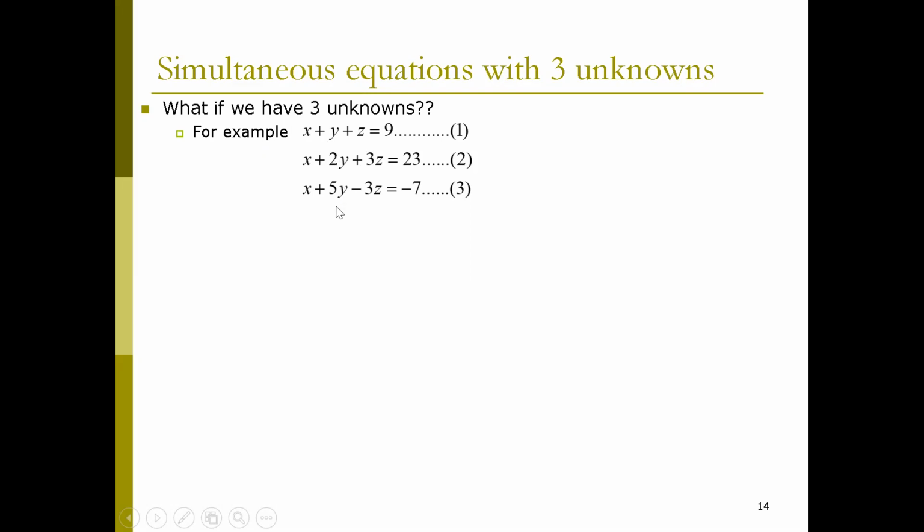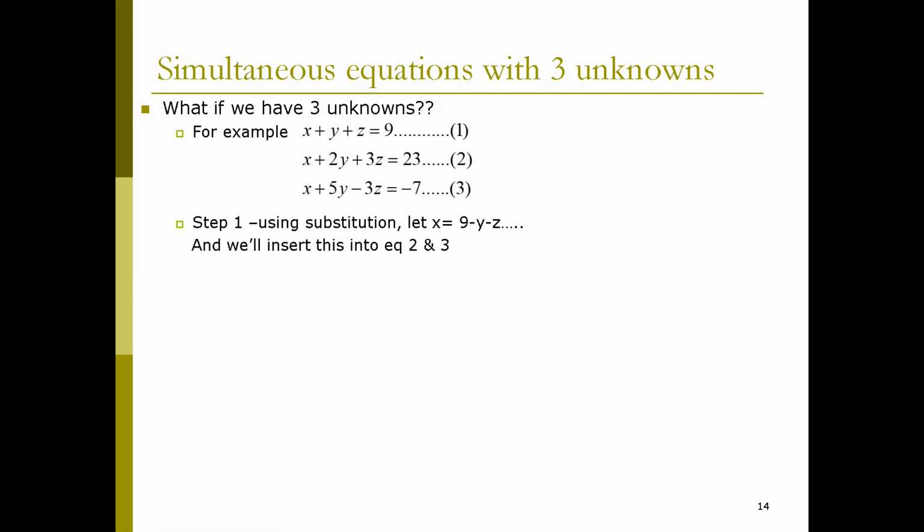So how do we solve this set of three simultaneous equations? The first step is to use substitution. And what we do here is we try to represent one of the unknowns in terms of the other two unknowns.